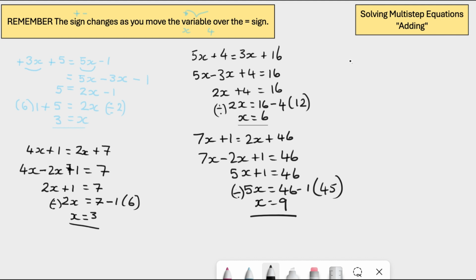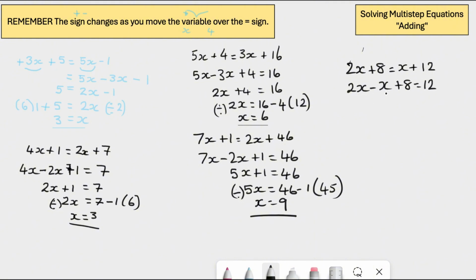Okay, so I'm going to do, what shall I do? Shall we do another adding? Yeah, I'm going to. We've got 2x plus 8 equals x plus 12. Same again. That's 1x, that's 2x. So I'm going to take that x over. Becomes minus x, plus 8 equals 12.